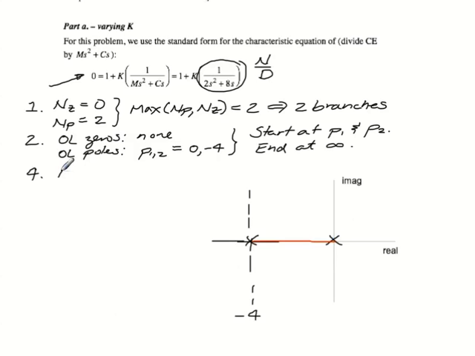So the part of the real axis which is between P1 and P2 will be part of the root locus. However, that to the left of P2 will not be. So we don't expect to find any of the root locus to the left of minus 4.